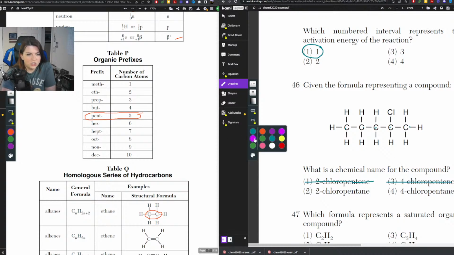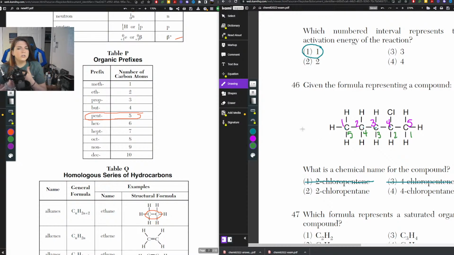So the strategy here is to number the carbons forward and backwards. 1, 2, 3, 4, 5 on the pink. 1, 2, 3, 4, 5 on the green. The reason we number it forward and backwards is because atoms and molecules in the real world are flipping and moving around in space.